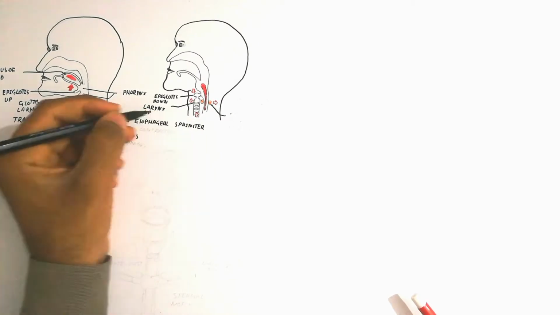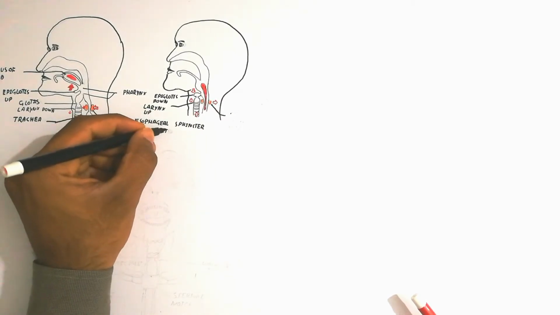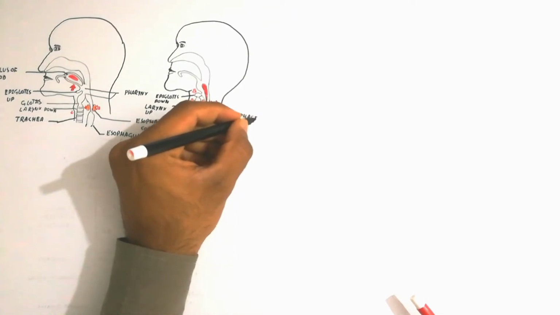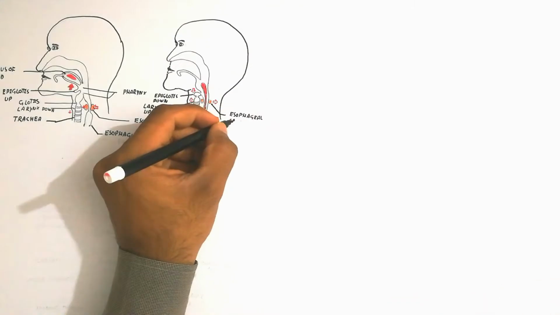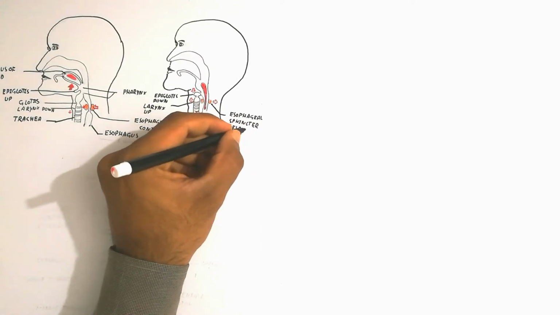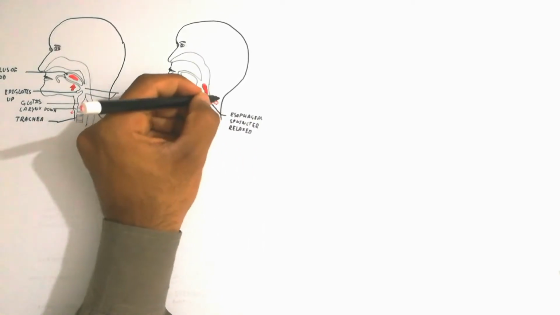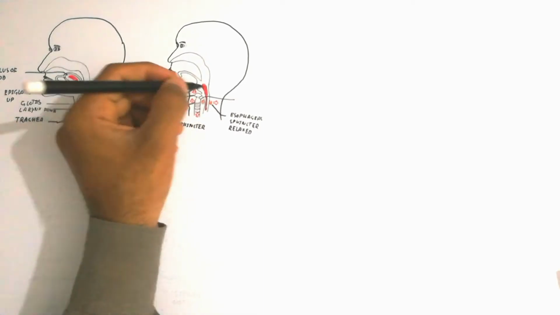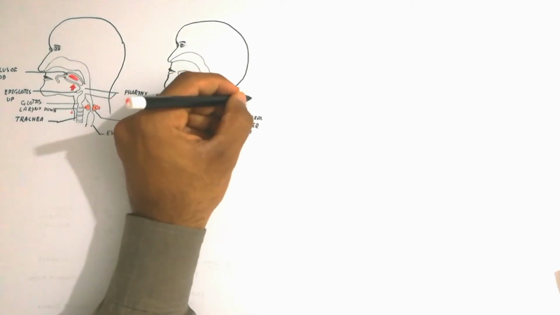Here the esophageal sphincter is contracted, and here the esophageal sphincter is relaxed. Below the esophageal sphincter is the esophageal tract, known as the esophagus.